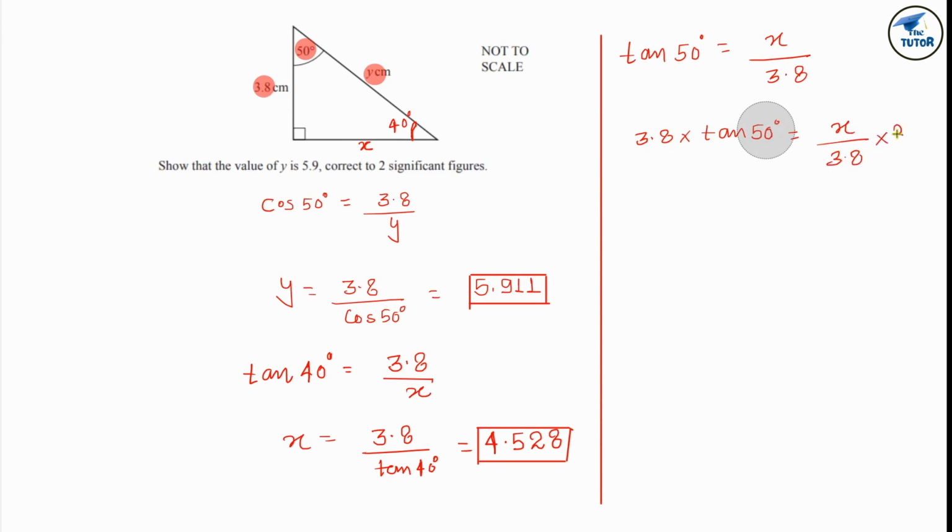Oh my god, I've been using the wrong value for tan 50. Here 3.8 and 3.8 cancel. Finally, I'll be left with x on the other side and 3.8 times tan 50. And you are going to get 4.52. Again, the same value. It doesn't matter which angle you are using. Math never lies.